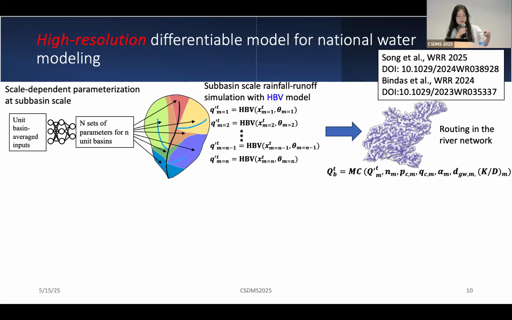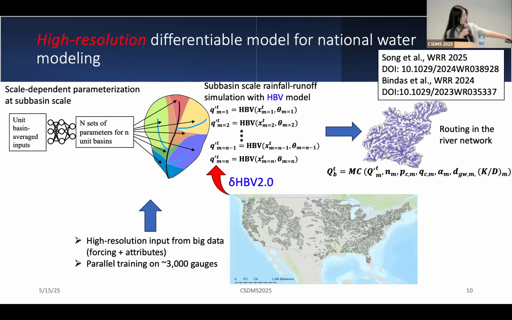Then we integrate a routing model to have the simulations of the streamflow everywhere inside the whole river network for the basin. So this model is a high-resolution one. We call it dHBV 2.0.